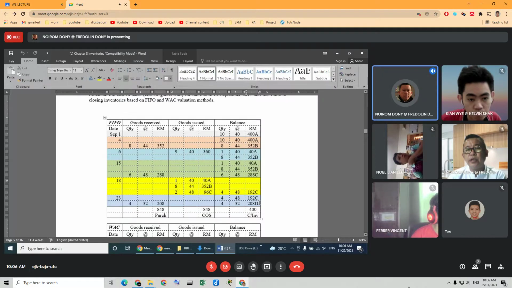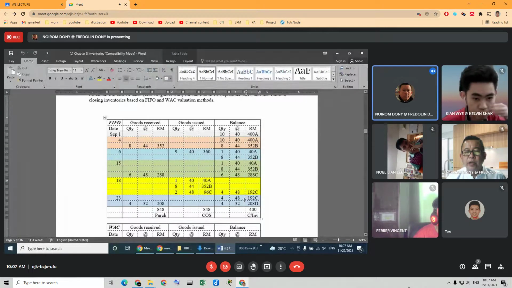So this is what the question wants. The balance column is the closing inventory. So the balance value column, the RM column. For the balance column, you keep updating. After one transaction, we update, isn't it? Therefore, for this closing inventory, you take the last row value.